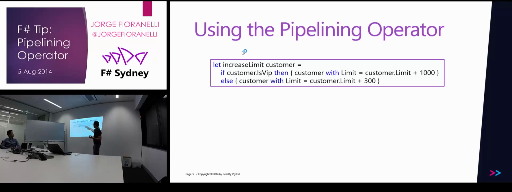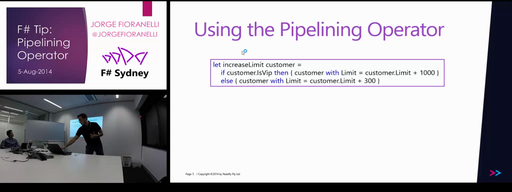This function asks if the customer is a VIP, and if so we increase the spending limit of the customer by 1,000. That's why we return a new customer whose limit is incremented by 1,000. If the customer is not a VIP, we increase it by 300.